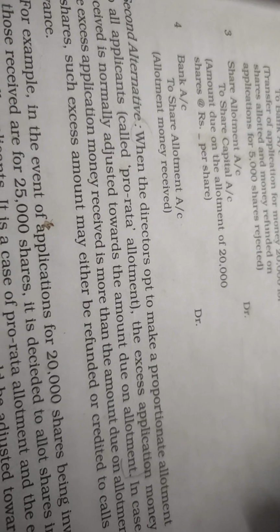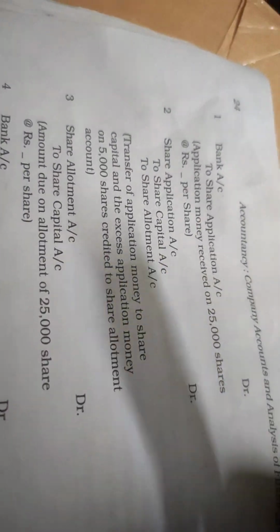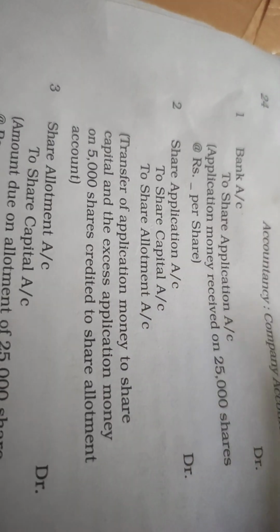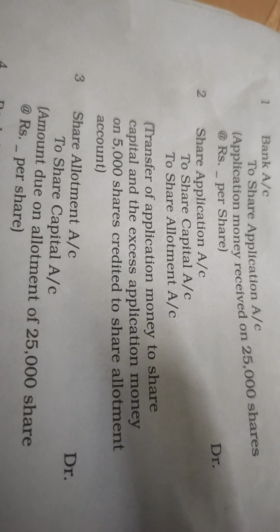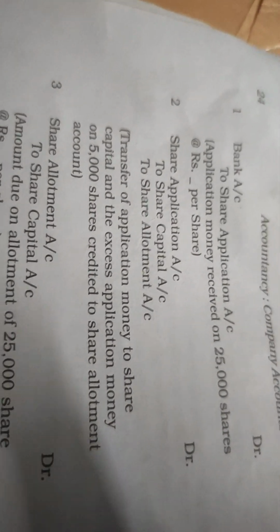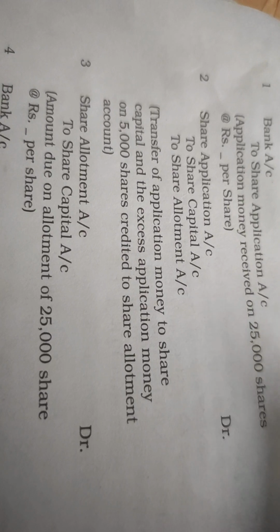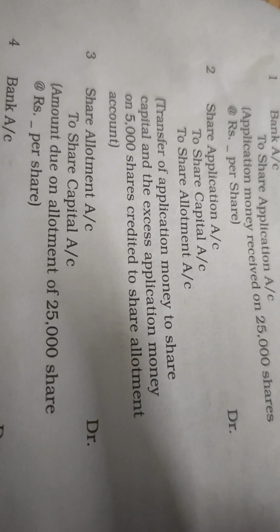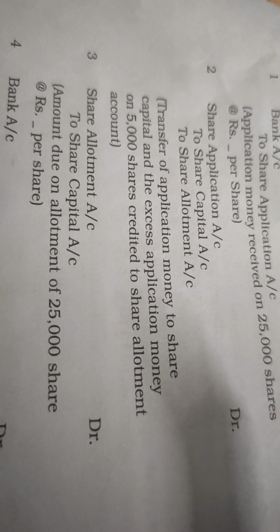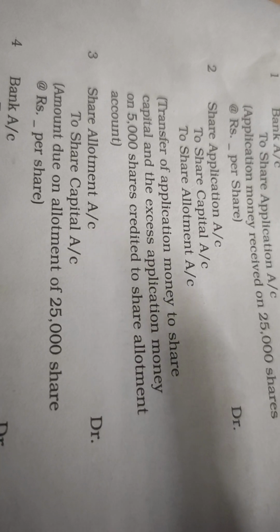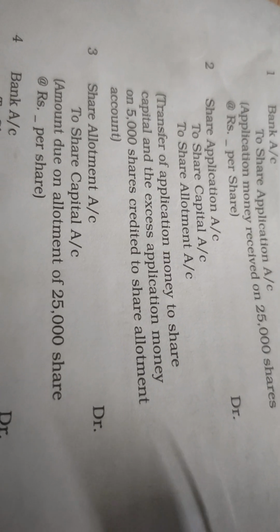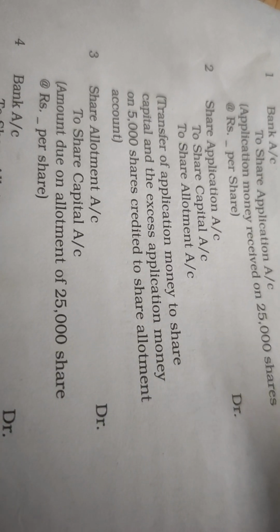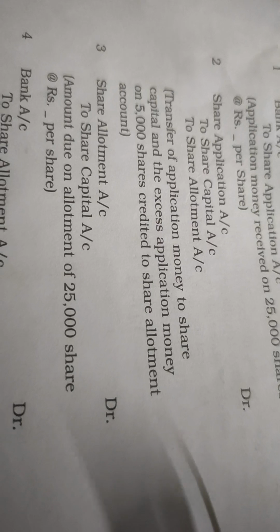amount due on allotment. The journal entries with regard to this one are: first, bank account debited to share application account, the application money received. Then share application account debited to share capital account and share allotment account, being the transfer of application money to share capital, and the excess application money credited to the share allotment account.